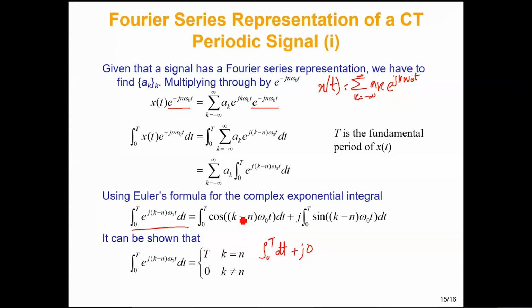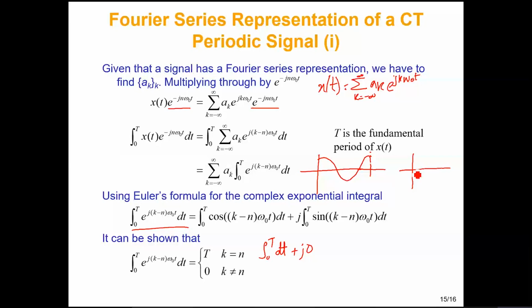And if k is not equal to n, you will have some integral value right here, because k and n are both integers. So if both are not equal, it will be cosine of some multiple of omega naught t, so some sinusoid here, and similarly some sinusoid right here. That sinusoid has to be integrated over one particular time period. Now we know about a sinusoid, whether it is a cosine or a sine. If you have a cosine over one time period, this is what it is going to be, and if it is a sine over one time period, it is going to be something like this.